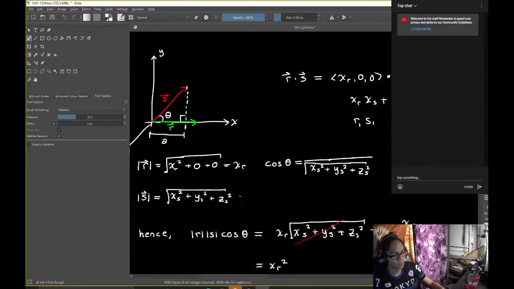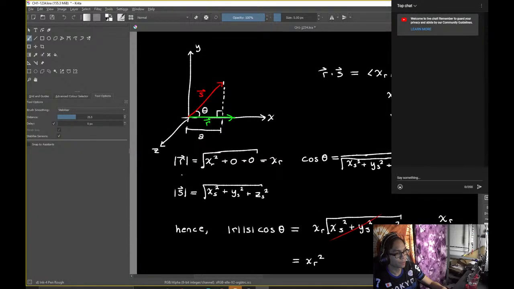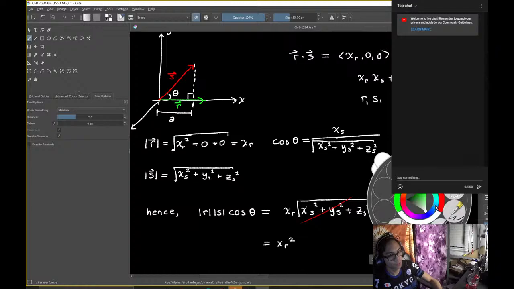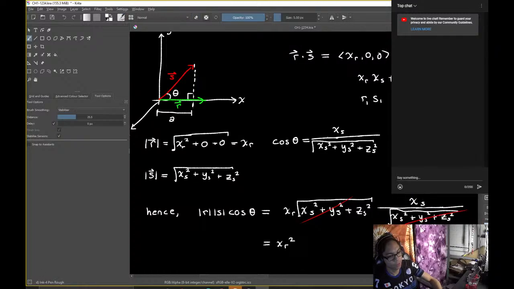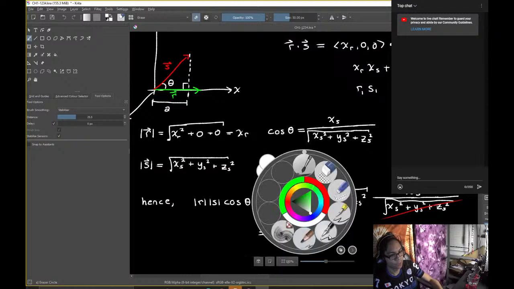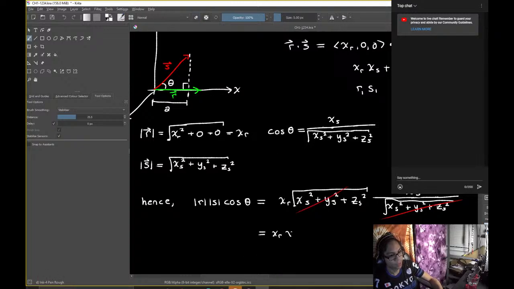I'll do that. Okay, so the projection of S over here is basically X, XZ, whatever. No, wait, it's actually just X. It's X of S. That's way better. So this is X of S. Cool. So that means these two cancel out, and it's going to be xr and x of s.